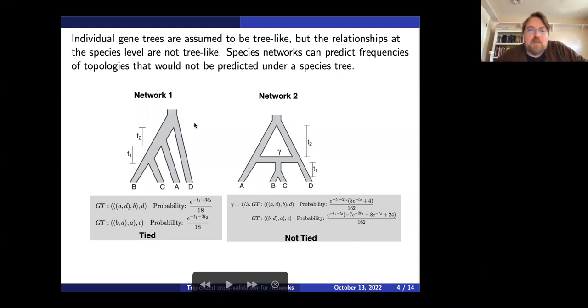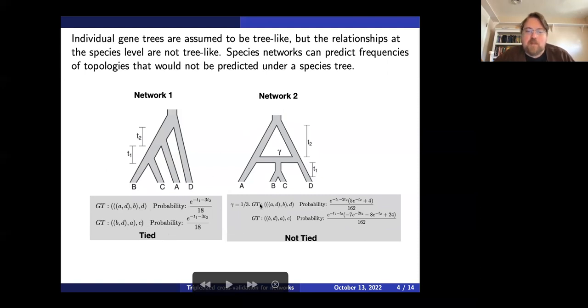So species networks can predict topologies for gene trees that lead to probabilities that are things that you might not be able to get under a tree. And since they predict different probability models, we would hope that we could distinguish between tree-like networks versus non-tree-like networks.